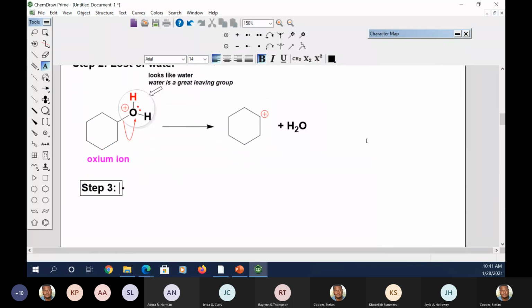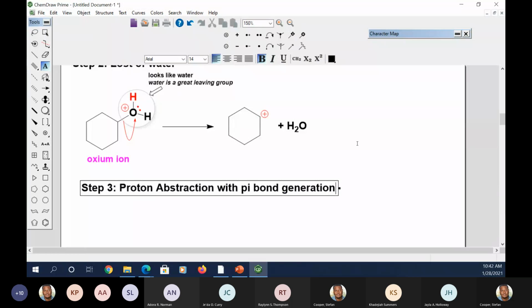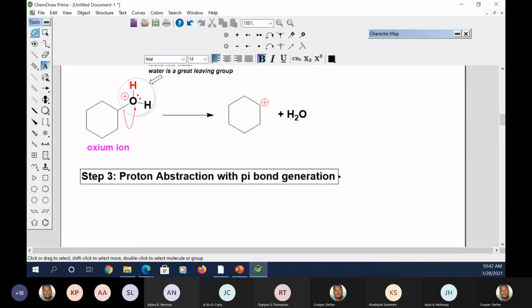All right, step 3 is a proton abstraction with pi bond generation. Okay.